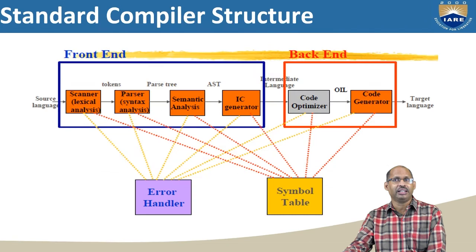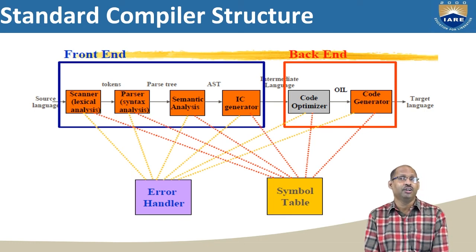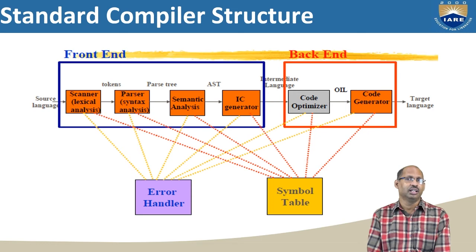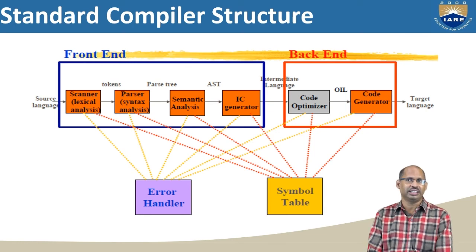Now we will make the front end and back end. The front end consists of the first 4 phases: the lexical analyzer, syntax analyzer, semantic analyzer, and intermediate code generator.